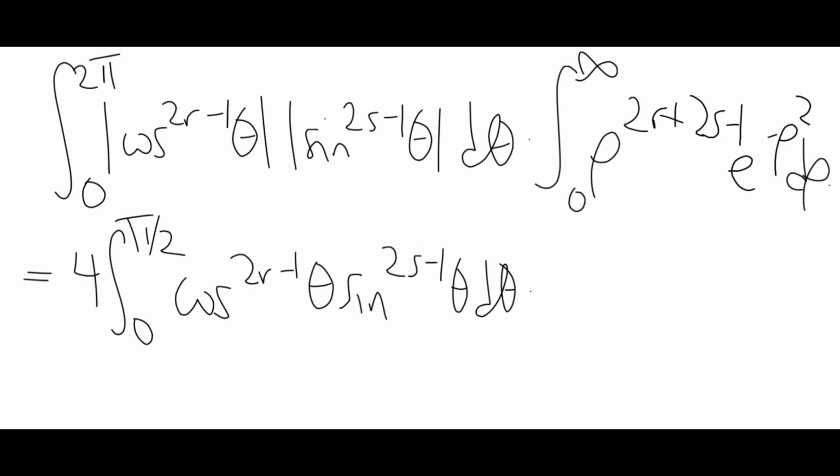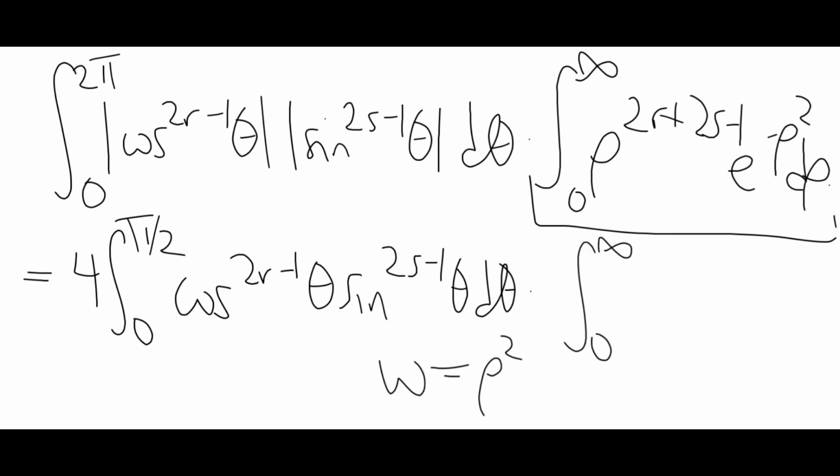Okay, and then what is this integral for rho? Well, it's a gamma function, not surprisingly. So I make a substitution for rho squared. So for example, if I say w equals rho squared, then this will be the integral from 0 to infinity of w to the r plus s minus 1/2 e to the minus w. But now the differential is 1 over 2 root w.